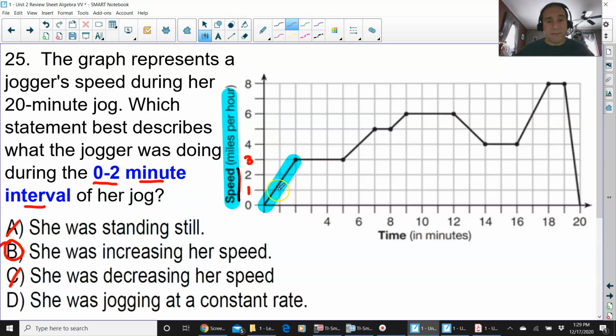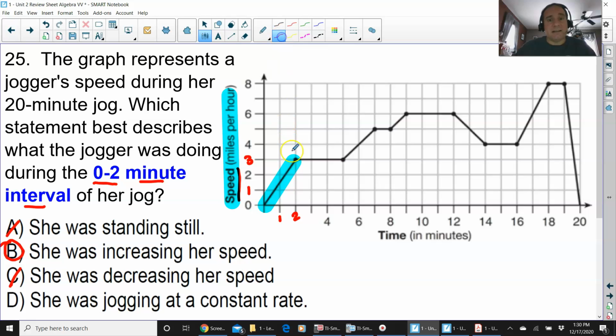At the first minute, she's already at over 1 mile per hour. Then at the second minute, she's already at 3 miles per hour. That's not constant. Even though it looks constant because it's a straight line, it is not constant.